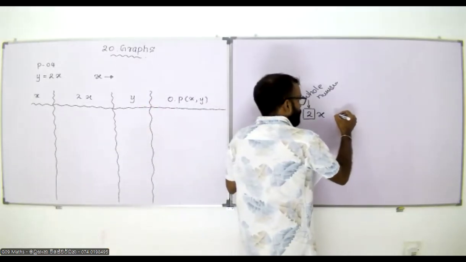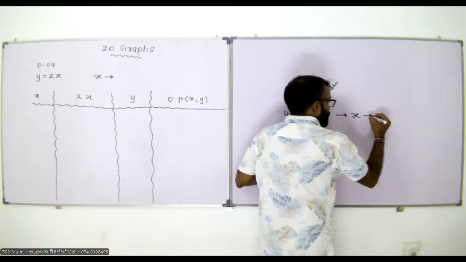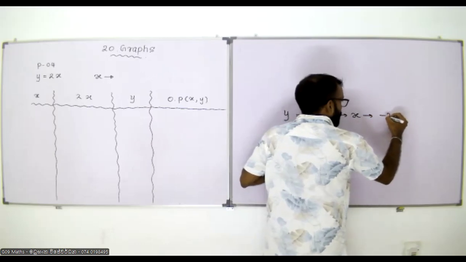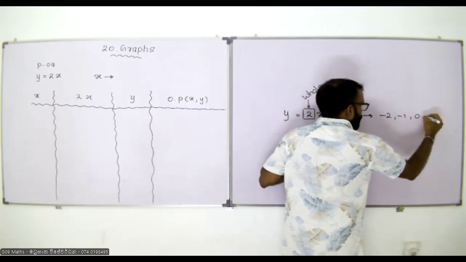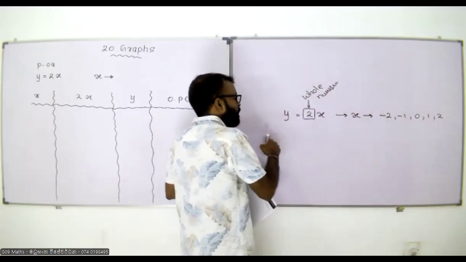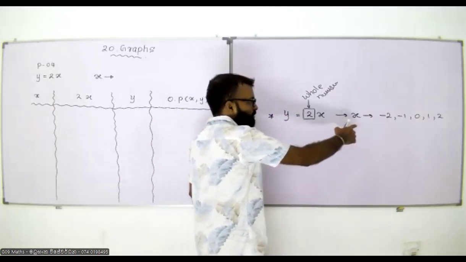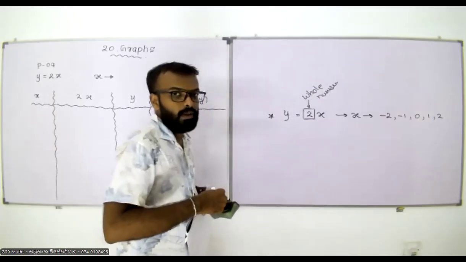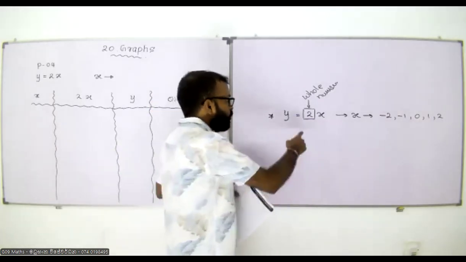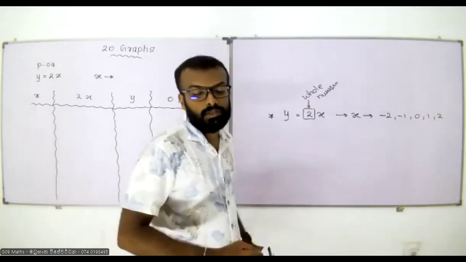For example, as in the previous examples, you can take -2, -1, 0, 1, 2. If you have a whole number, you can take this value range to draw the graph.